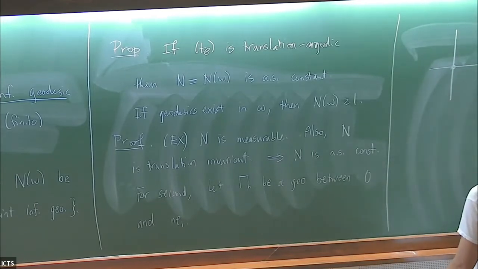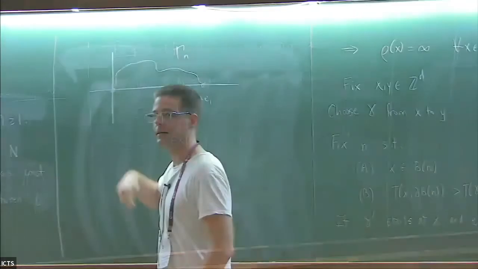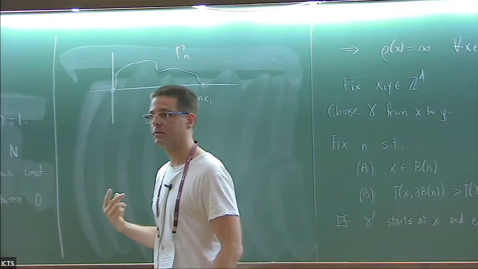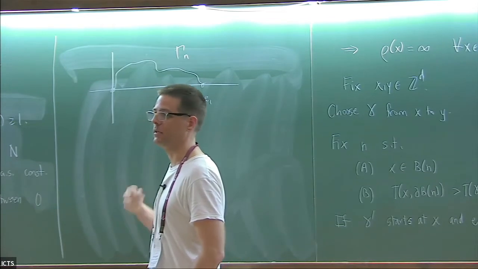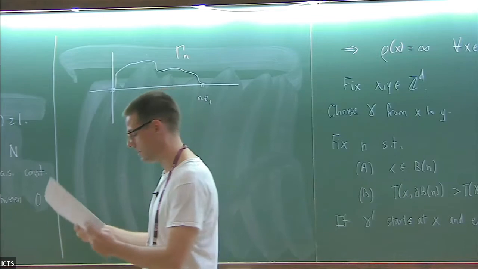Here's any 1. Here's my geodesic gamma_n. So we have a sequence of geodesics. They all start from 0. Each of them has to take some first edge, which comes out of 0. There are only 2d many edges coming out of 0. So one of them has to be the first edge of infinitely many of these paths, right? Just like some pigeonhole or something like that.